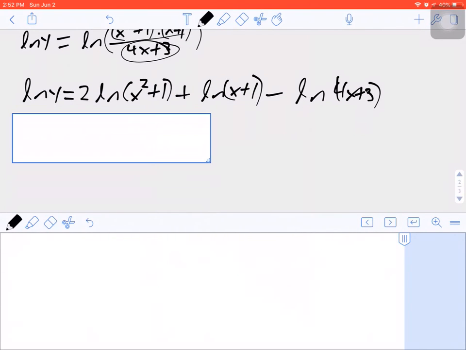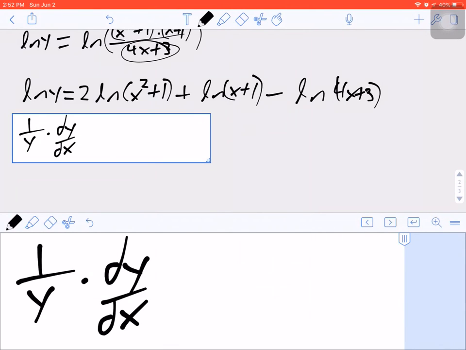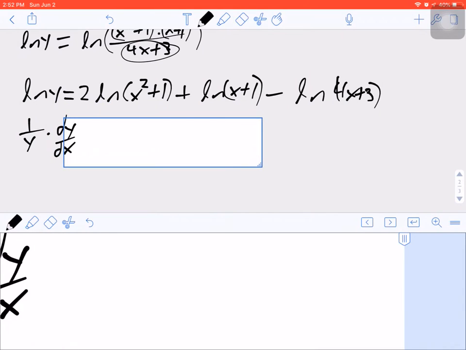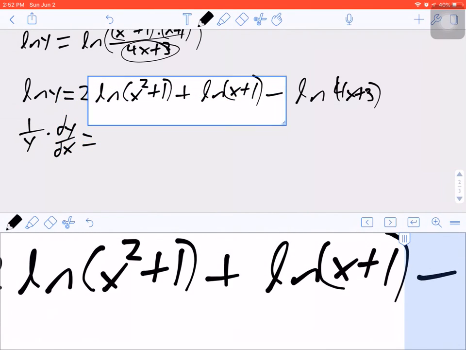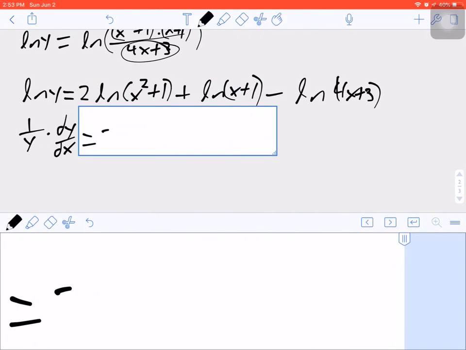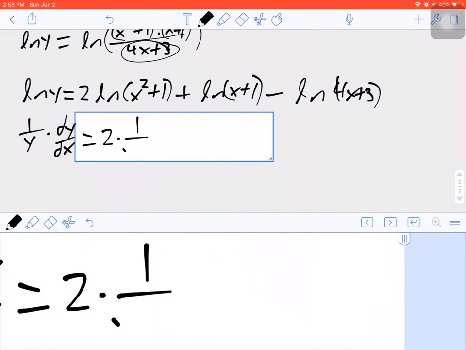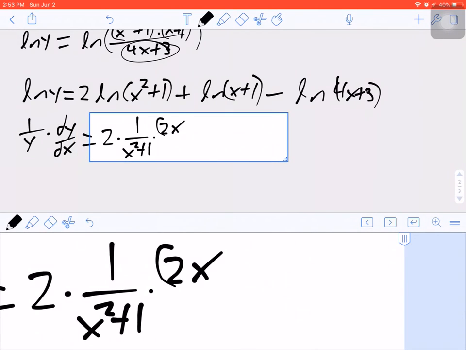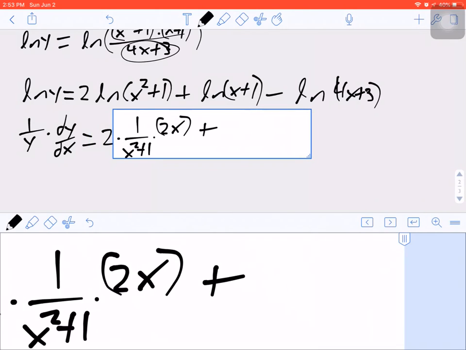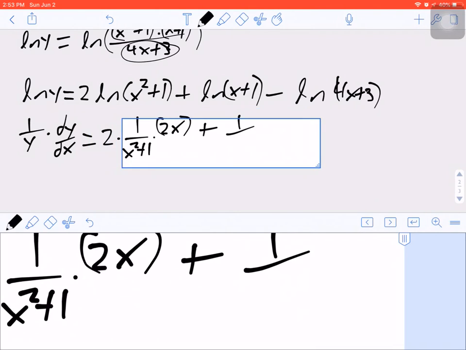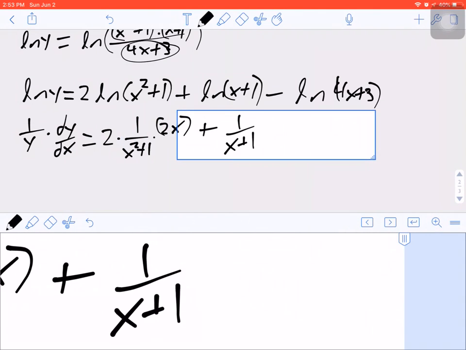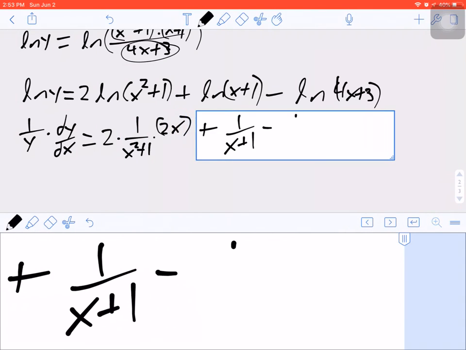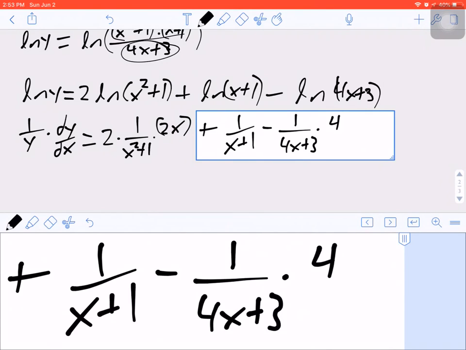Now we can take the derivative. So 1 over y times dy dx, of course, derivative of ln of y. And then we can take the derivative of 2 ln of x squared plus 1, which is 2 times 1 over the inside, x squared plus 1, times the derivative, plus ln of x plus 1, which is 1 over that thing, x plus 1, and then minus 1 over 4x plus 3 times the derivative of 4x plus 3, because chain rule.